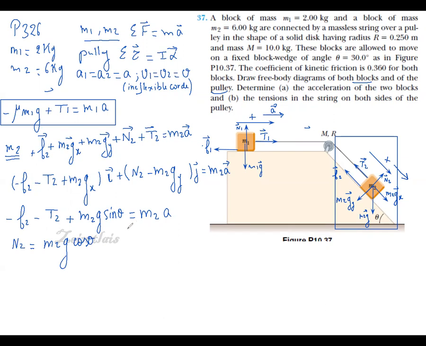Okay, now we can substitute the value of N2 in F2. You know F2 equals mu times N2. We can write finally minus mu times N2 minus T2 plus M2G sine theta equals M2A.